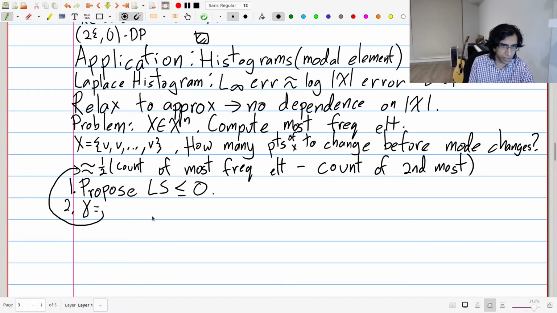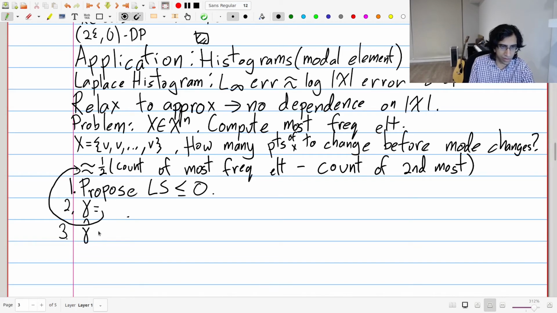I'm not going to worry too much about that, because you're counting when the mode actually changes versus when you're next to the point where the mode changes. But don't worry too much about the plus or minus 1, at least for this lecture. So that's the distance to the first database that has non-zero sensitivity. The next step is that we are going to privatize this.